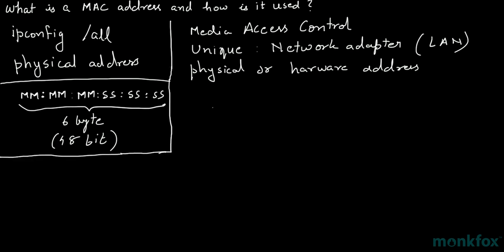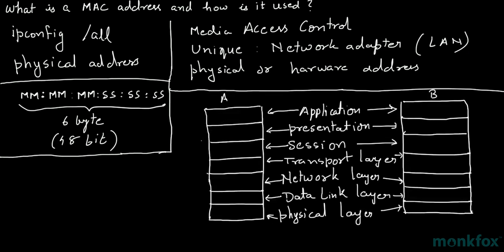To understand how a MAC address is useful in communication between two machines, we need to first understand how the data flows through the 7-layer OSI model. Here I represent two machines A and B. Both are connected to each other, and I have mentioned the 7 layers of the OSI model.